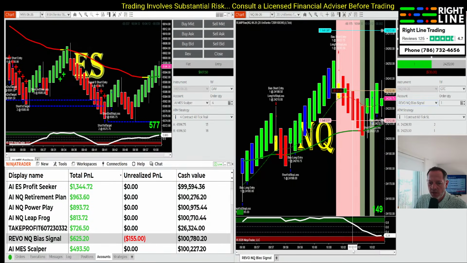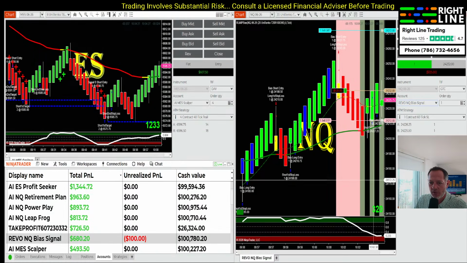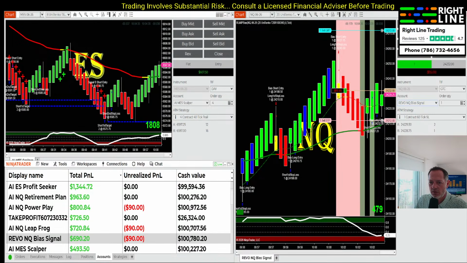So this background bias indicator, it's the pink and the green background, and the way it works is it looks at a multi-time frame, I guess, trend of analysis, and paints the background a certain color. You know, green for long and pink for short.